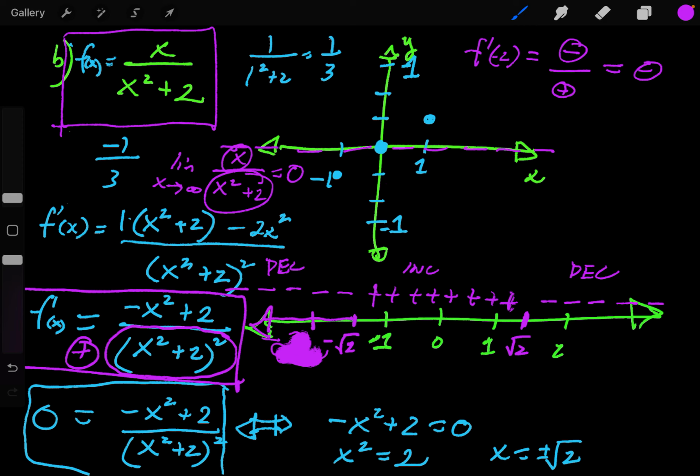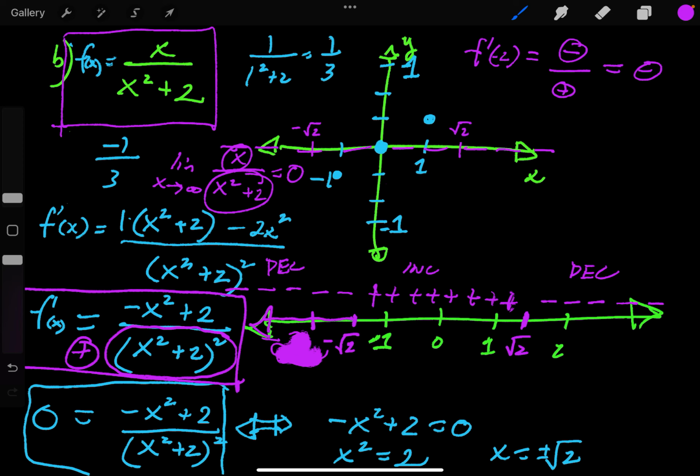And that helps us because it's decreasing on this interval over here. So what's happening from here to there if it's decreasing? I care about root 2, negative root 2 over here, and then positive root 2 over here.